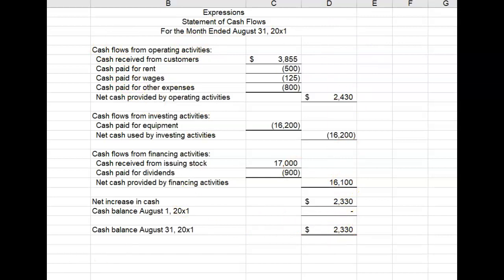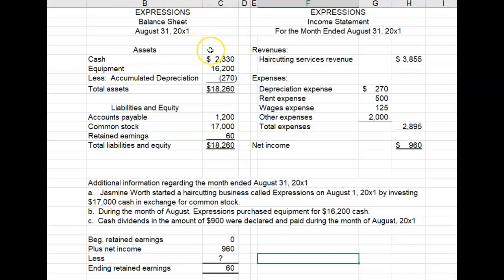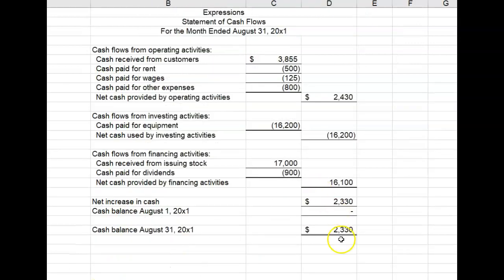So let's go check it out. $2,330 ending balance of cash off the balance sheet. It's the same. That means that our statement of cash flows should be pretty accurate. So that is the completed statement of cash flows for Expressions on the direct method.